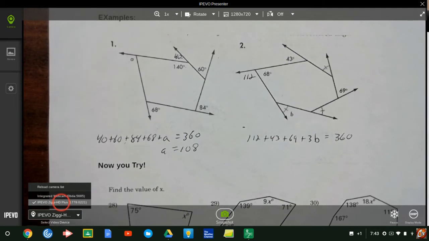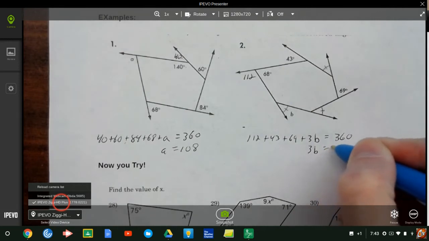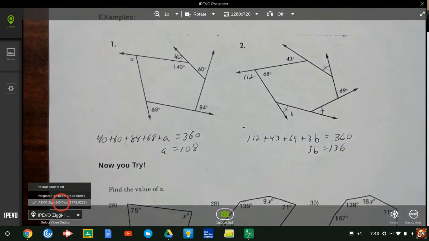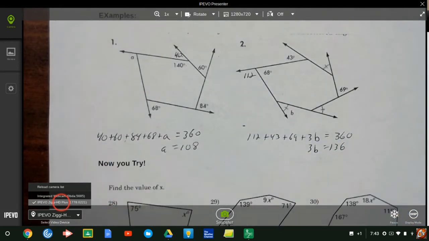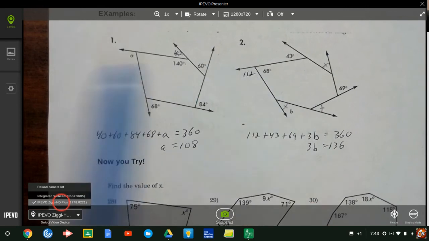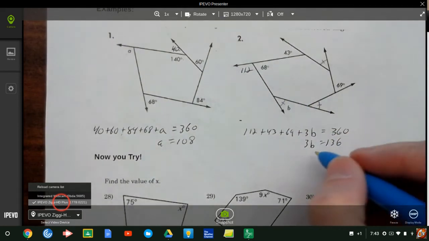So I've got 3 B's equals 136. Oops, let me double check my arithmetic. 112, 43, 69. And yep, that's looking like it's about right. Make sure I used the right numbers. Yep, looks like we're going to get a decimal or a fraction here.